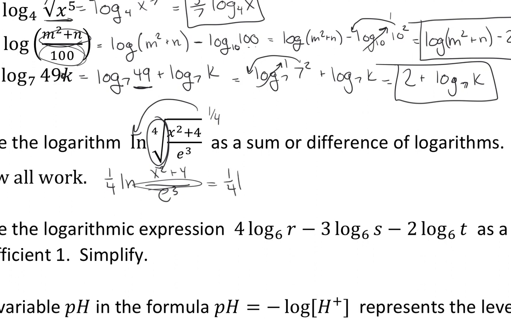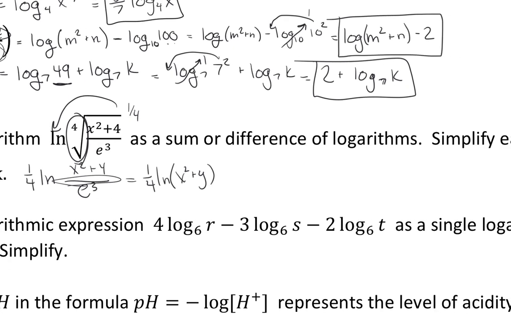So we have 1/4 ln of x squared plus y on top. And then we have the e to the 3 on bottom. Since we're dividing, it's subtraction. 1/4 ln of e to the 3rd. All right, and ln has this understood base e, so these are going to cancel.